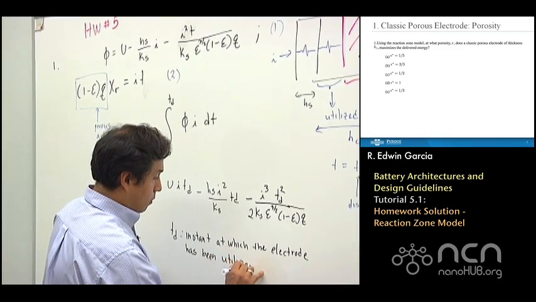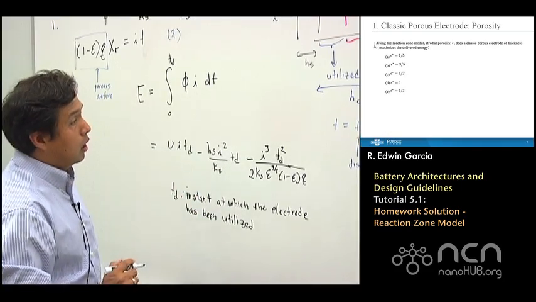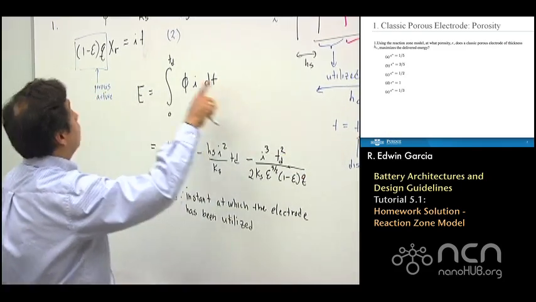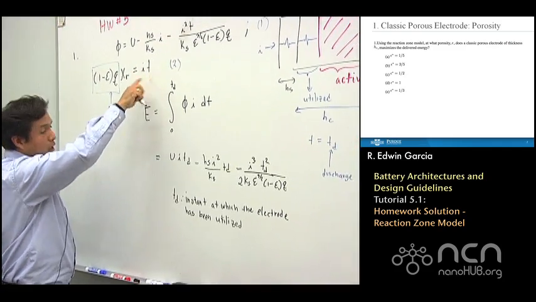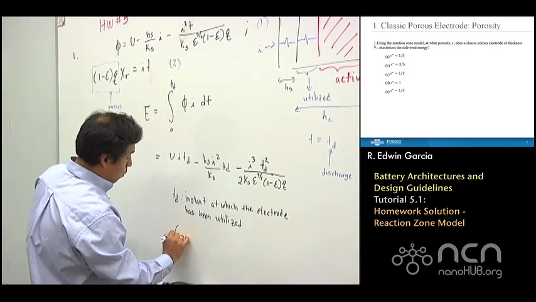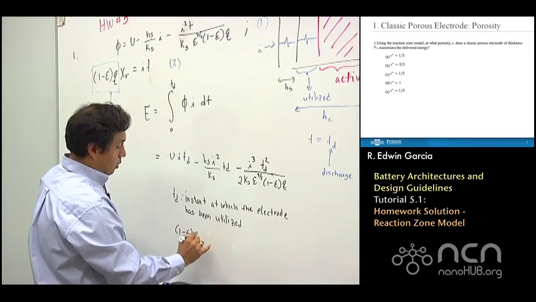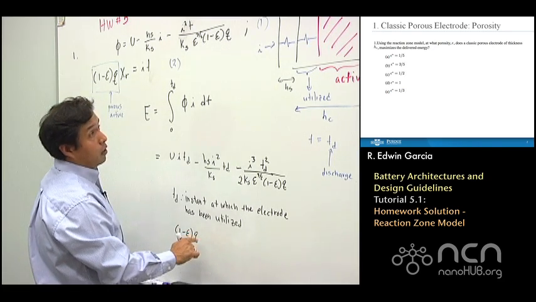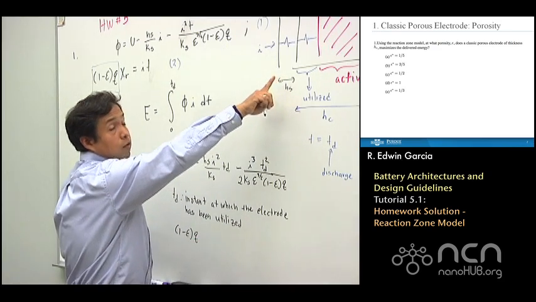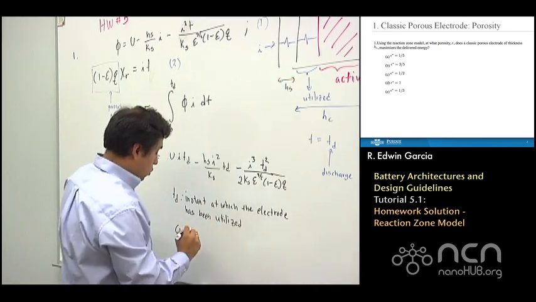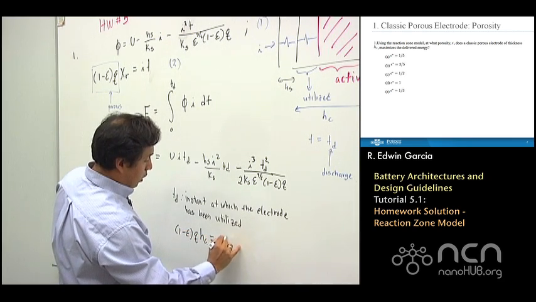Mathematically, this corresponds to the case where we go into this equation and substitute t by t sub D, so we can say that 1 minus epsilon times Q times X of R, but in this case X of R corresponds to H sub C because X of R has moved from this edge to the other edge, and that equals I times t sub D.